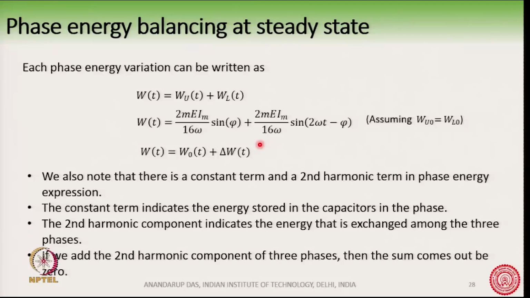Which means that the AC side and the DC side will not have any of these second harmonic components, right. So, this second harmonic is the source of the second harmonic current which flows through the capacitors, which flows through the arms. So, this second harmonic exchange will be reflected in the second harmonic component of current.